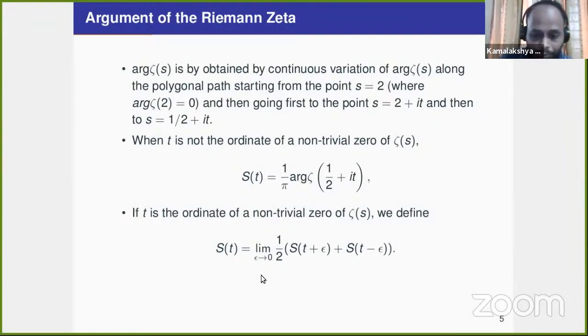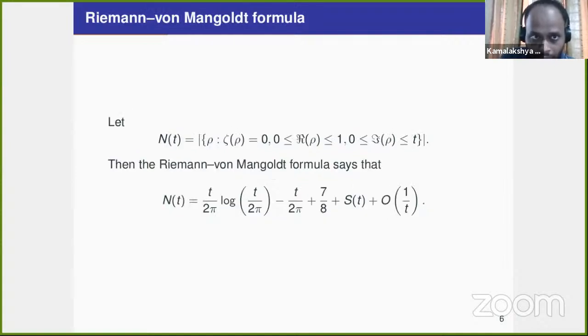Now, since we defined the argument, let's see some results involving it. This is a very famous result called the Riemann-von Mangoldt formula, which counts the number of zeros in the critical strip up to a height t.